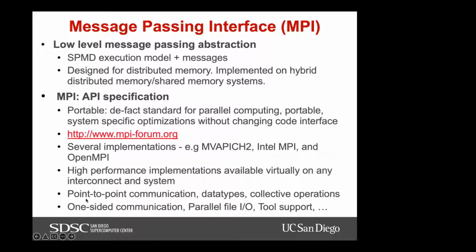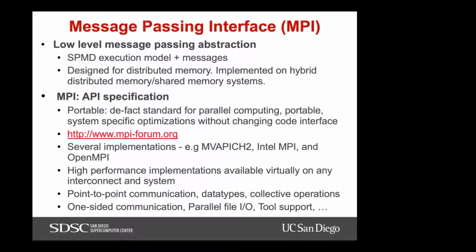And there are all types of MPI API calls available. So mostly you'll be using point-to-point communication, so one task to another, specific task pairs. There are all kinds of data types, and also you have collective operations where all the processors might be talking to each other.